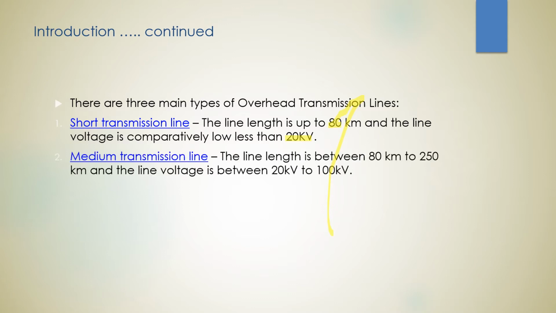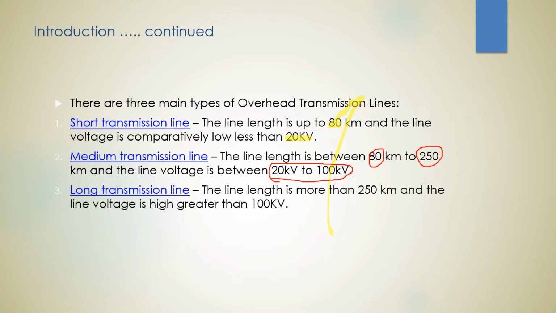Now next, medium transmission line. Medium transmission line is generally 80 to 250 kilometer in length, and generally the voltage of the transmission line is 20 kilovolt to 100 kilovolt. Now the long transmission line.